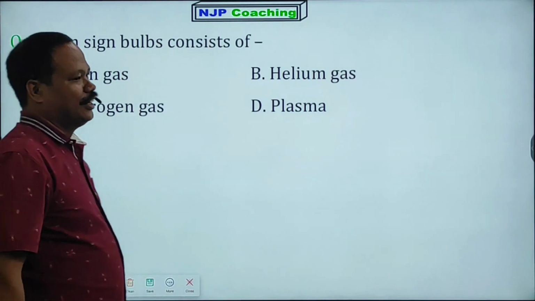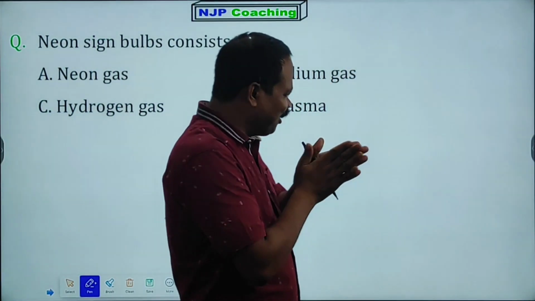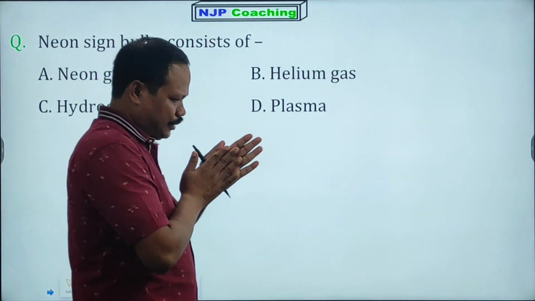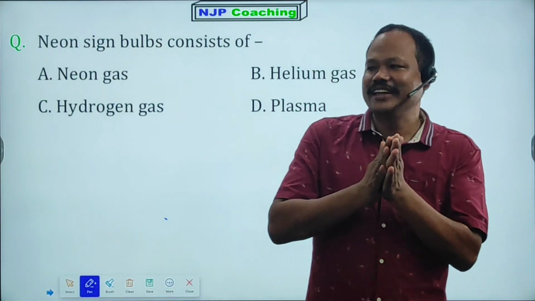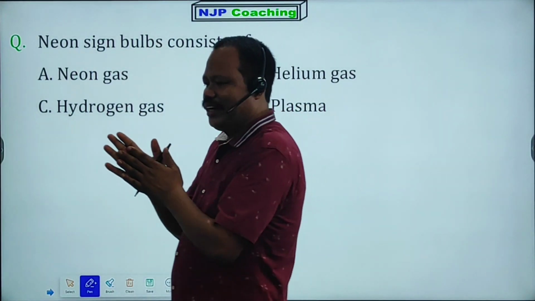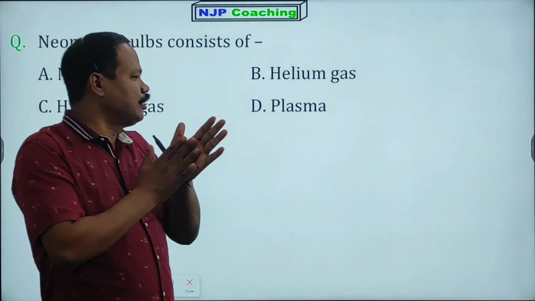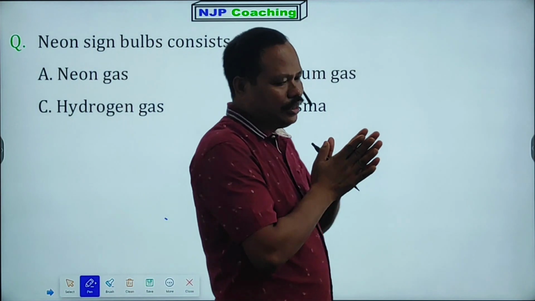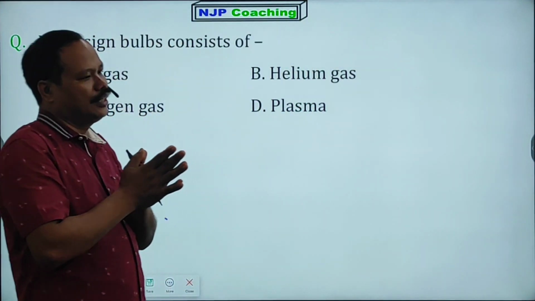Next question: a neon sign bulb consists of... okay. At the beginning of this class I mentioned that apart from solid, liquid and gas, there are another two states of matter, called plasma and Bose-Einstein condensate.